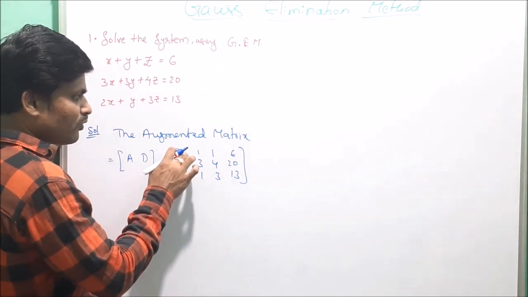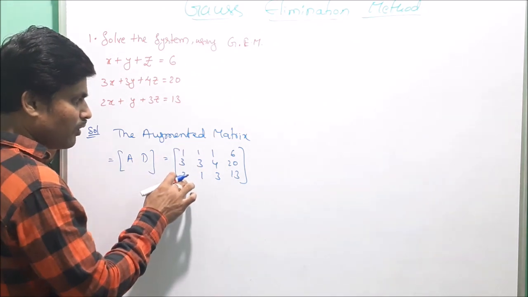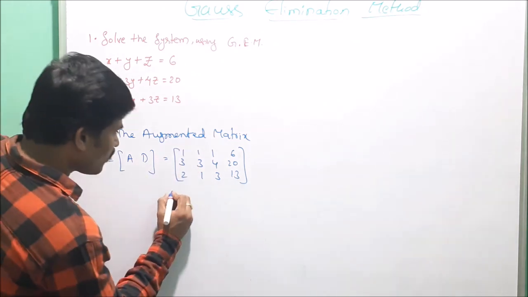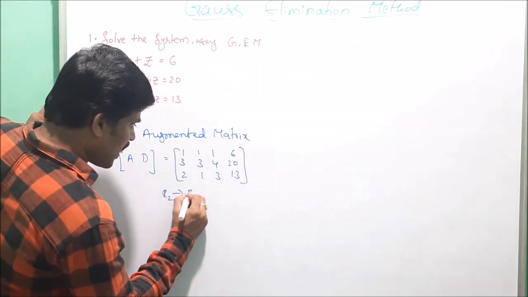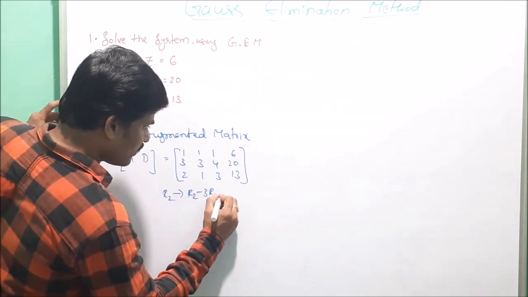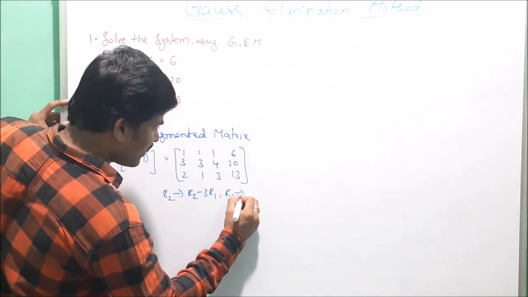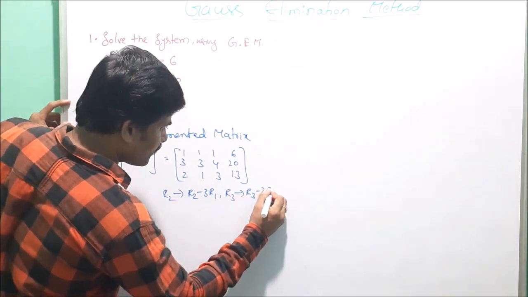Multiply the first row by 2 and subtract from the third row, this will be 0. So here we take two row transformations: R2 changes to R2 minus 3R1, similarly R3 changes to R3 minus 2R1.